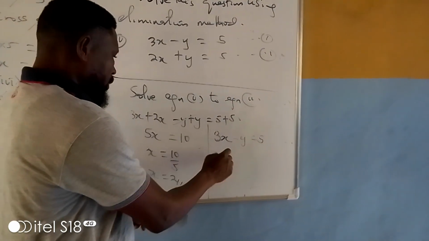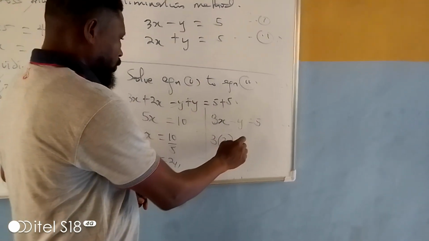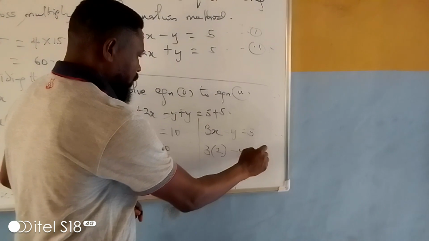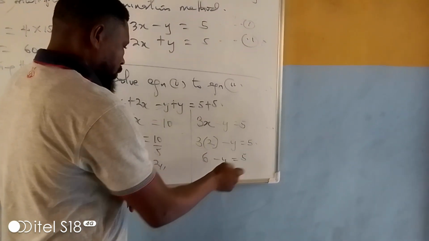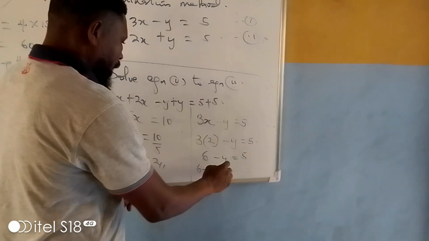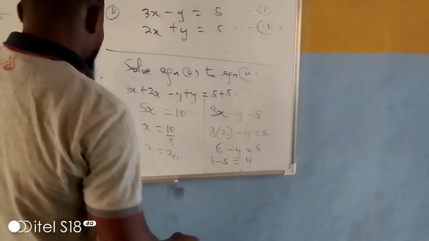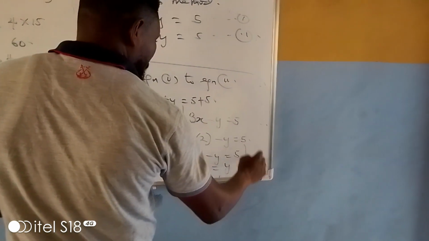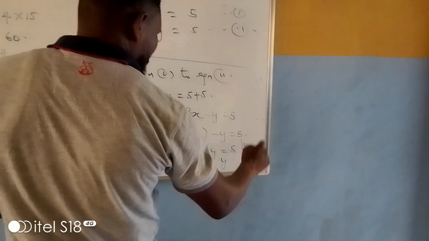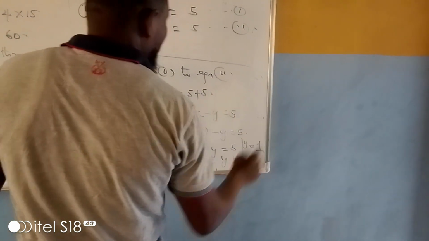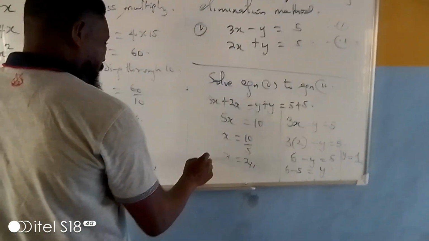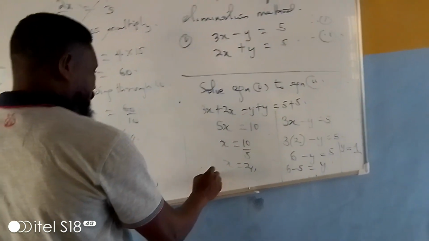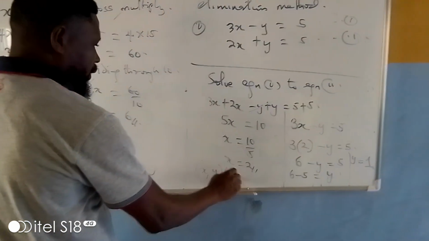That will give us 3 into 2 minus y equals 5. Of course, we have 6 minus y equals 5. So finally, the value of y will be equal to 1. So you have succeeded in finding the value of x and then y.